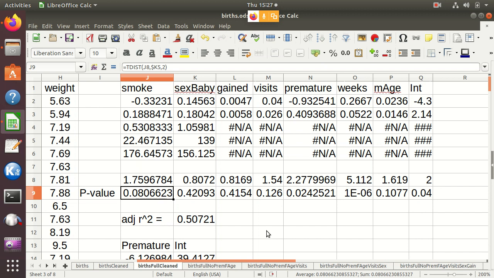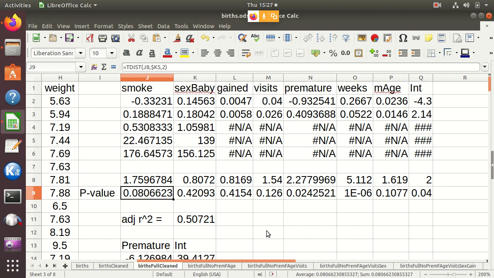Now, so the idea is, well, should I have all these variables in there? I already got rid of one. I got rid of father's age. Okay, well, as we look at it, I notice there's weeks, right? Number of weeks of the pregnancy and whether the pregnancy was premature or not.